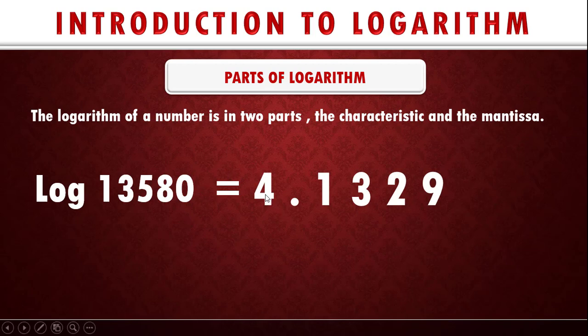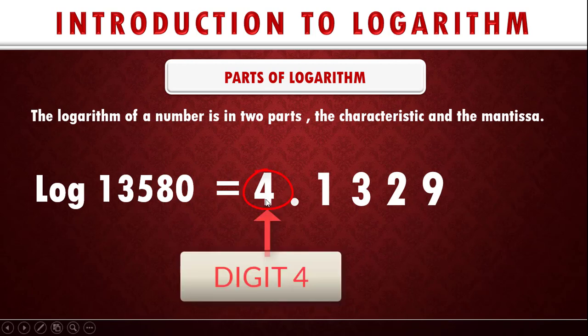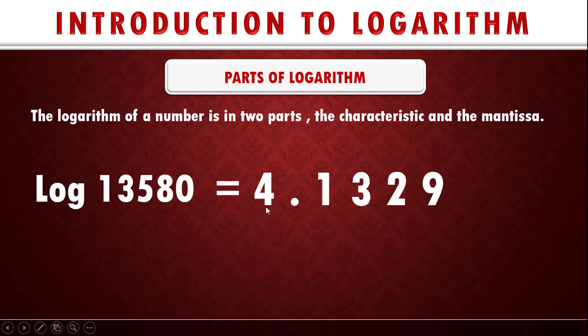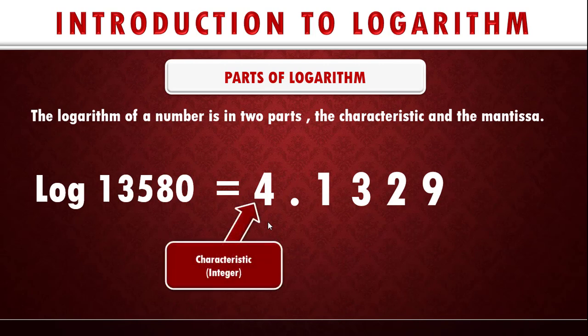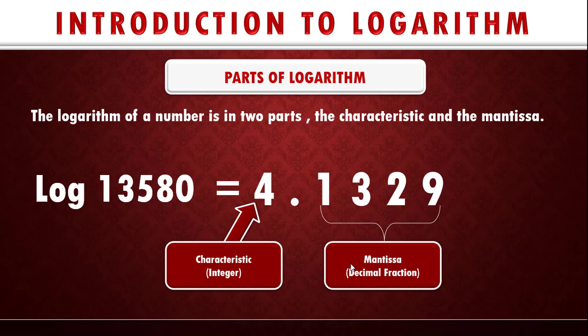So this first number here, 4, before the decimal, is the whole number part, and that whole number part is called the characteristic, or the integer part, the whole number part. Then after the decimal, 0.1329, that is the mantissa side. So that's where we have the decimal fraction.